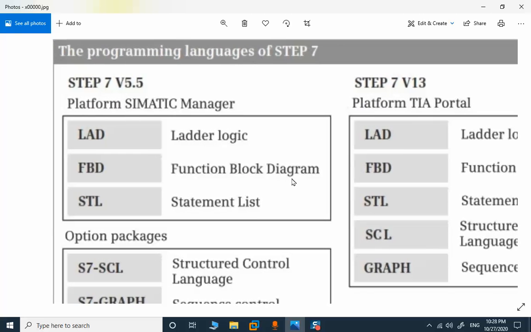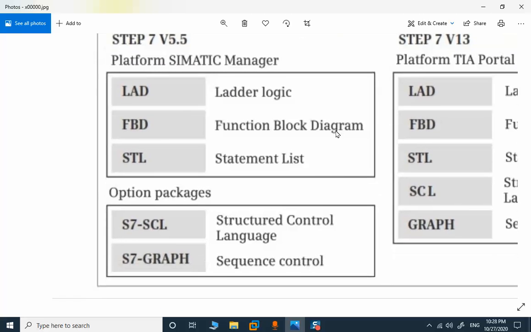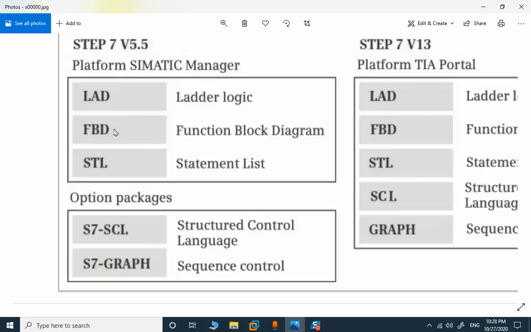The programming languages for Step 7 classic, ladder, FBD, and STL, are the basic programming languages, the basic integral part of SIMATIC Manager. SCL and S7-Graph are also optional packages, but they are included in Step 7 Professional.